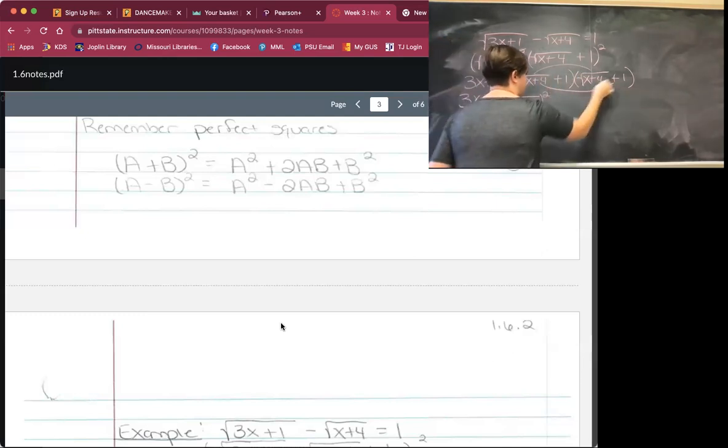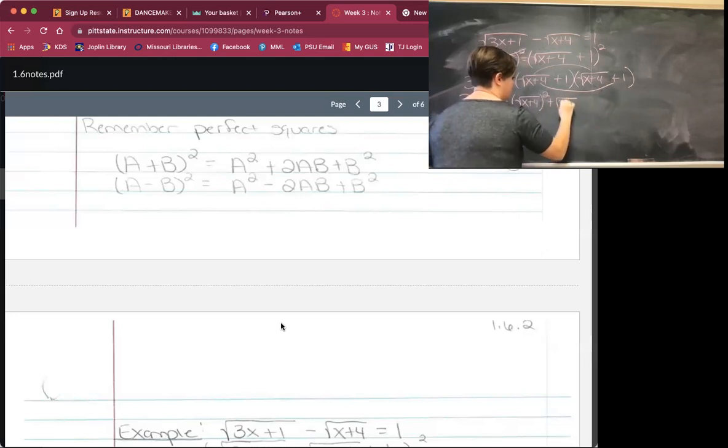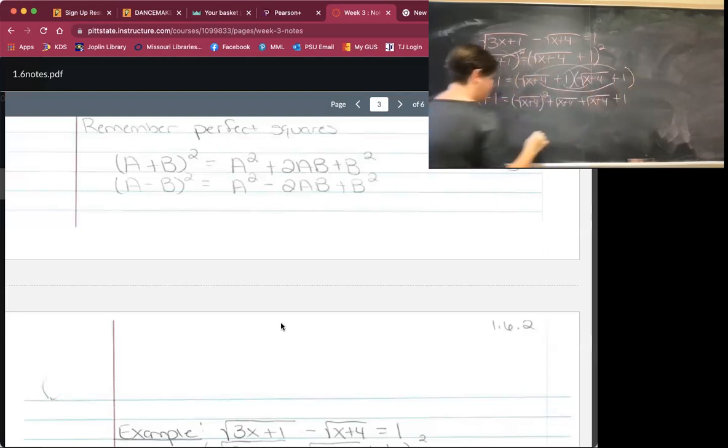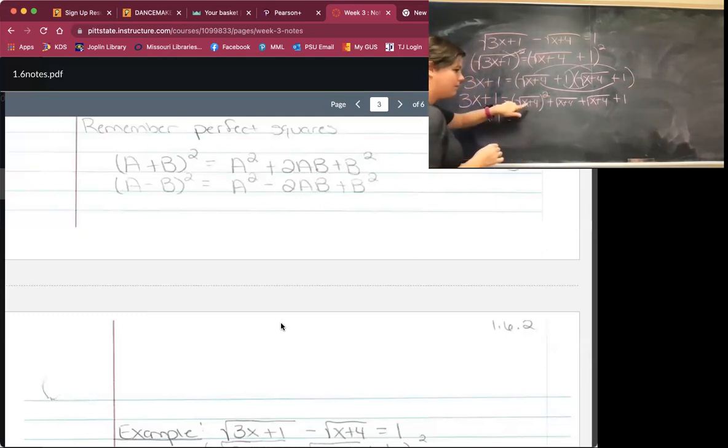My outer is a plus square root of x plus 4. My inner is a plus square root of x plus 4. And my last is a plus 1. I still have 3x plus 1 on the left. I have the square root of x plus 4 squared, so I just have x plus 4.